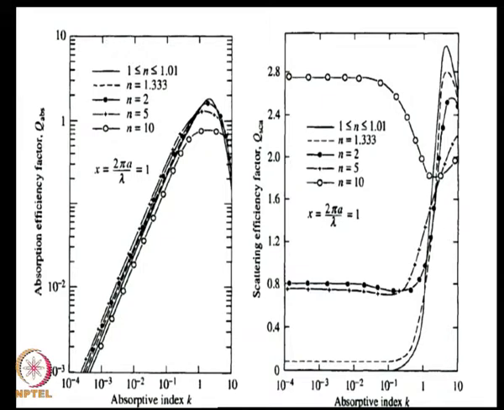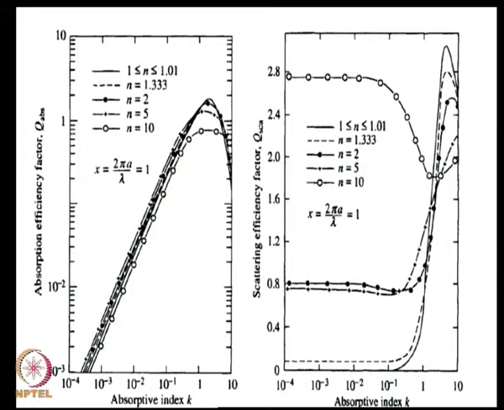And scattering shows somewhat complex behavior when the absorbance is very large or very small. When very small, there is a simple linear dependence on the value of n, but when you go to much larger absorbing index, you have a much more complicated behavior.